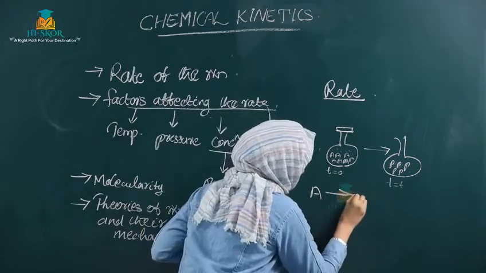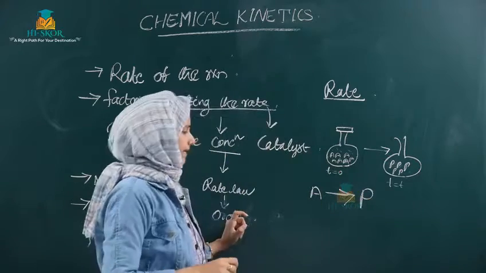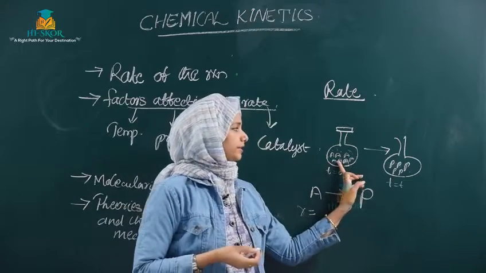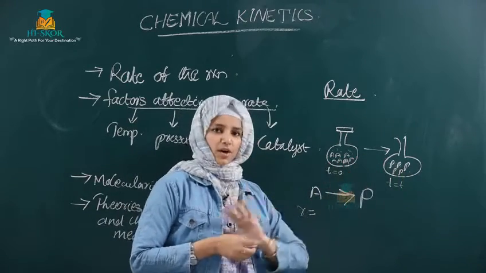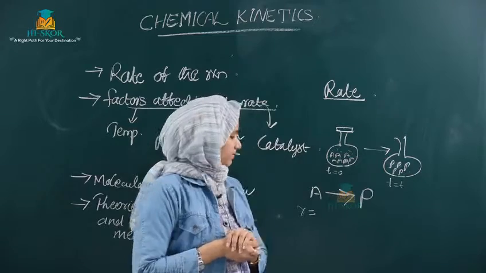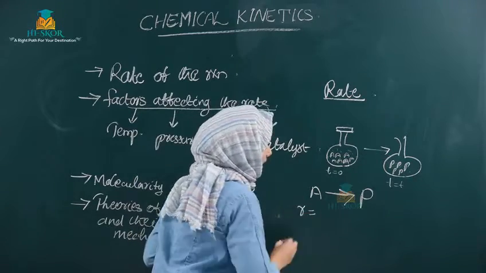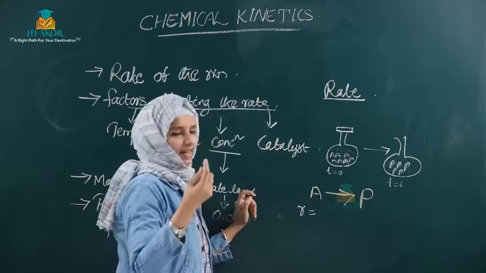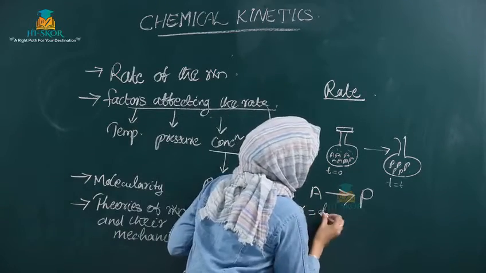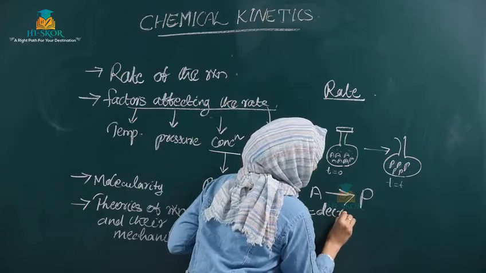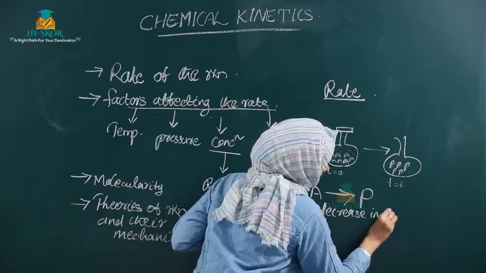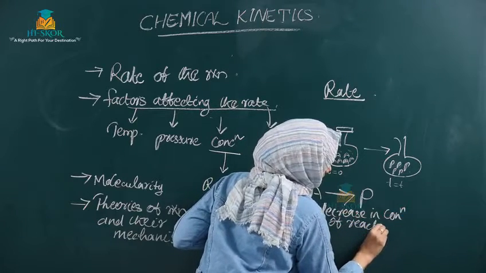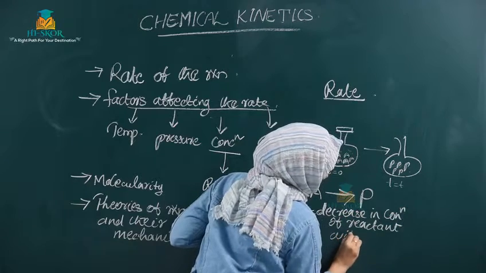Suppose I am writing like this: A gives the product P, and the rate R is equal to what? In terms of reactant or in terms of product you can write. So first in terms of reactant, rate R is equal to decrease in concentration of reactant with time.